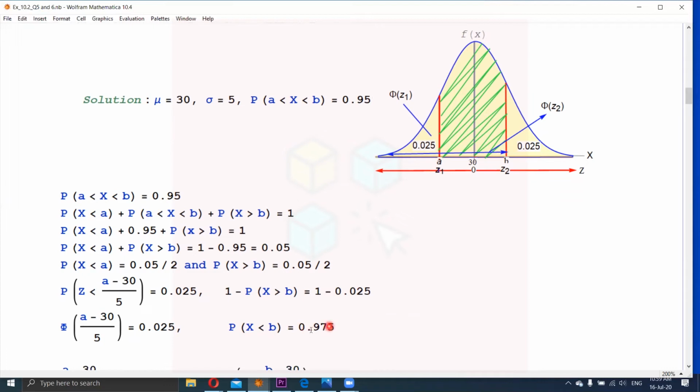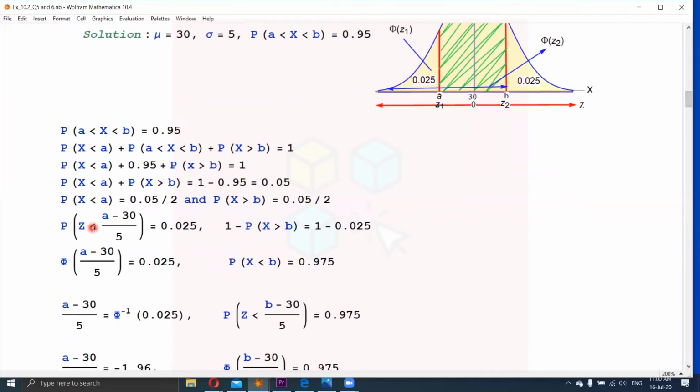This 0.975 area is shown by the blue arrow starting from minus infinity up to B. So the area is 0.975. Now we can use the phi table, the area table, and obtain this point Z2 and then correspondingly B.